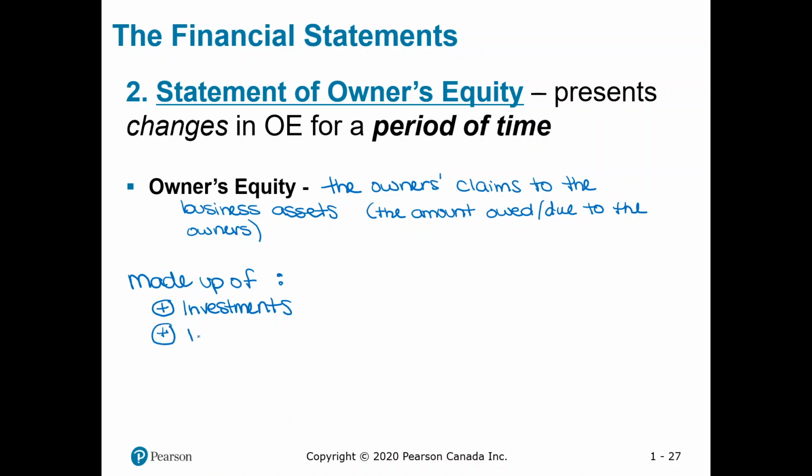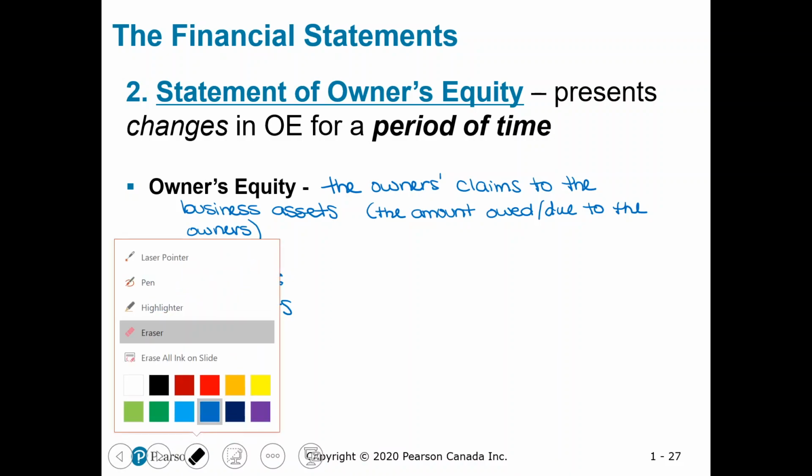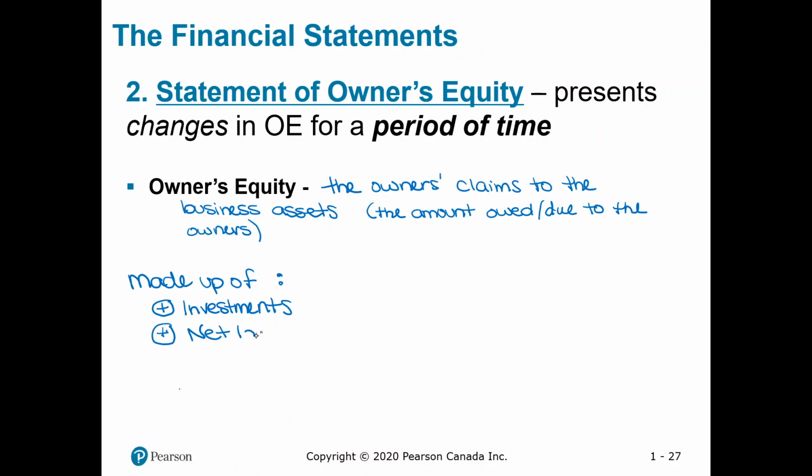Next, we add in net income. The reason someone starts owning or running a business is to earn income and make money. So any of the income that the business earns, the owner has a claim to that as well.